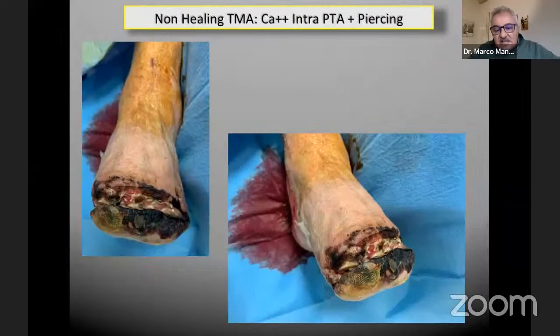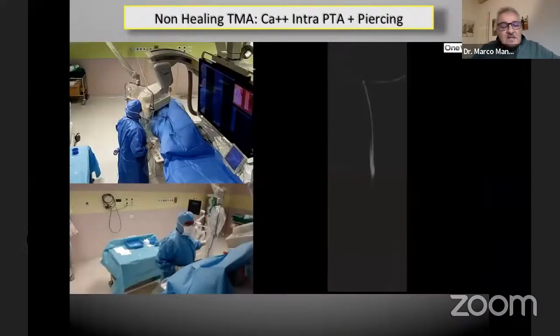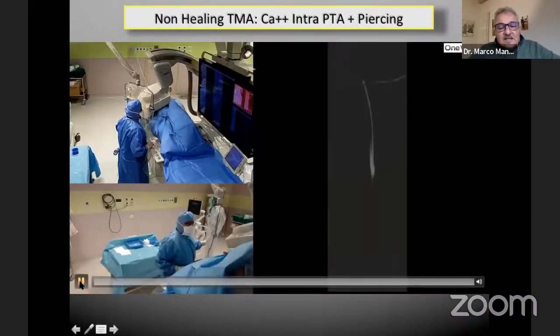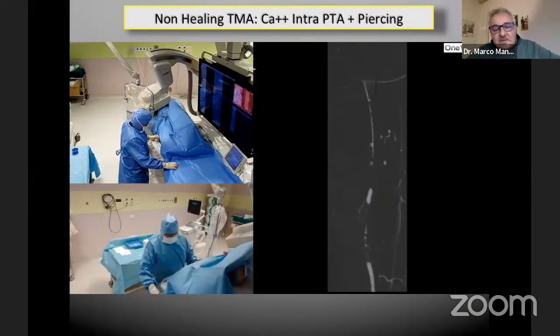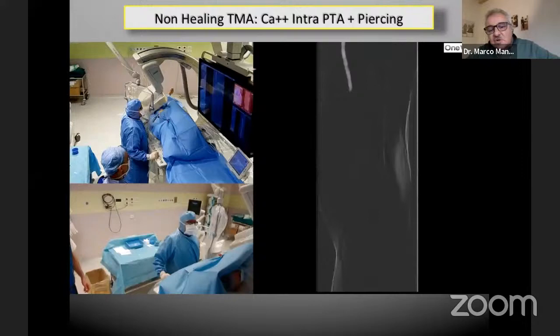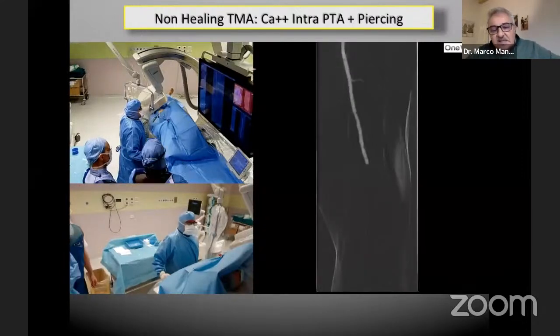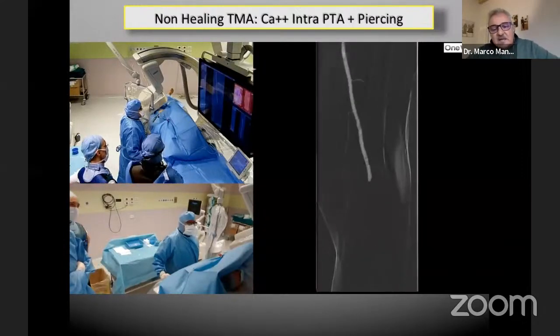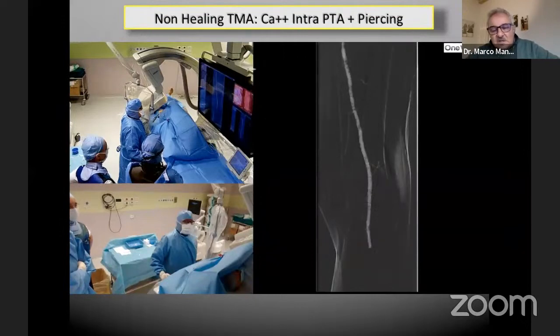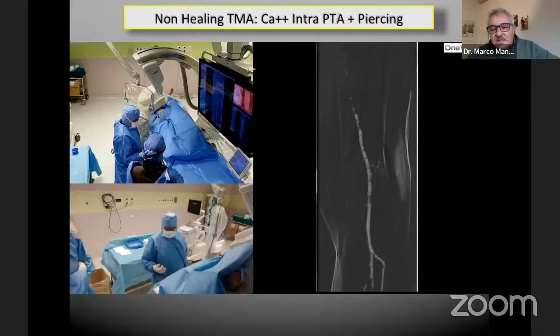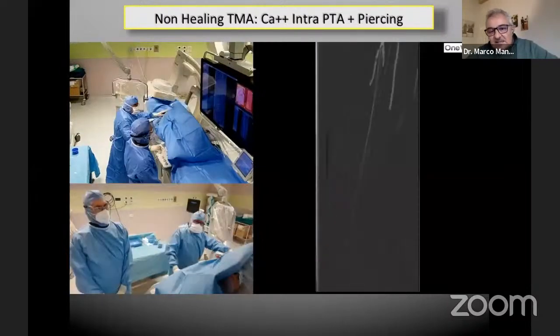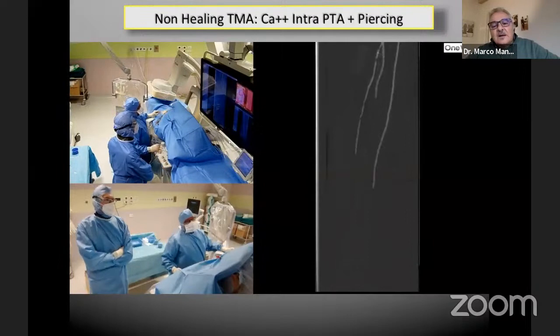This is another case of non-healing transmetatarsal amputation. Again, the difference is in the amount of calcium. Again, CO2 angiography, antegrade approach, 6 French short sheath. You can see here the velocity, the speed of the inflow is not so high because of the high resistance in the distality.